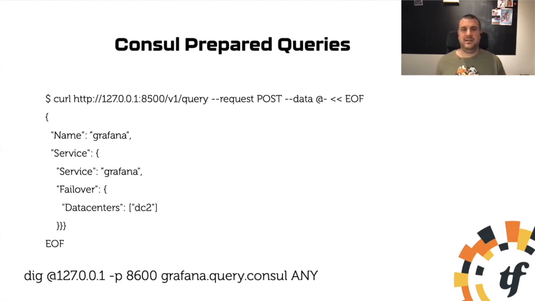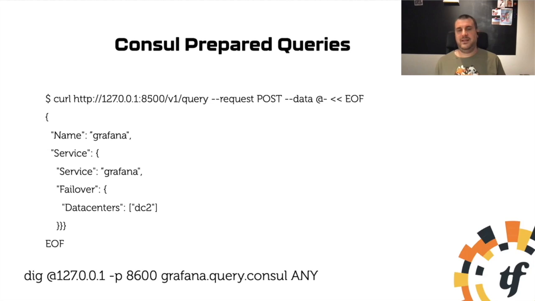So for that, we need a prepared query, which you can build by having a simple JSON blob being posted to your Consul server. And then basically I say, for the service Grafana, I want to make a prepared query called Grafana. Not very imaginative, but please follow me.